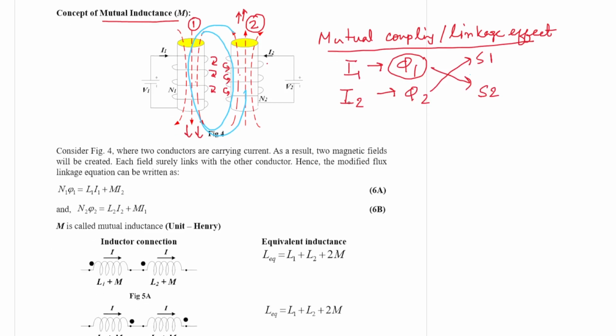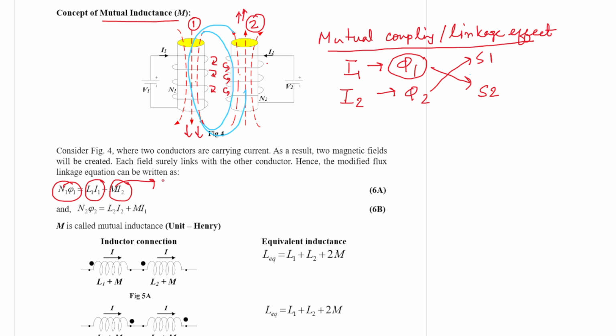To understand this effect we can write the flux linkage of solenoid 1, N1 phi 1, that is L1 I1. We know this term till now, but there is a mutual effect. Due to the current I2 flowing in solenoid 2, there is also an effect.